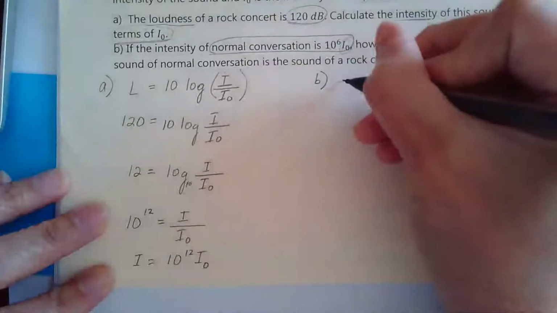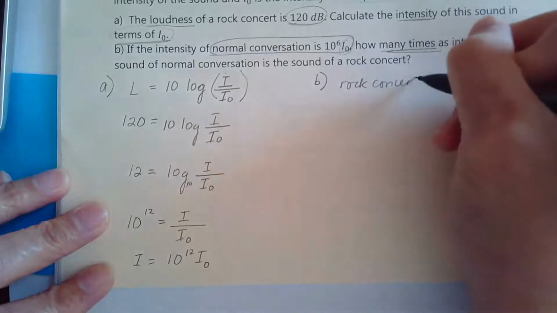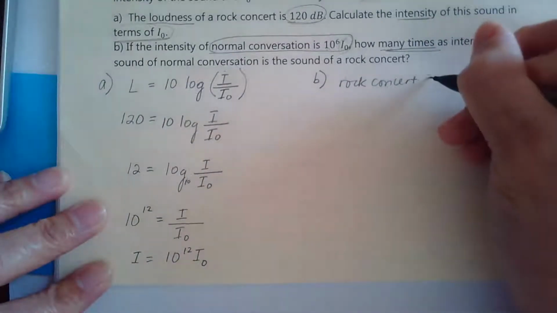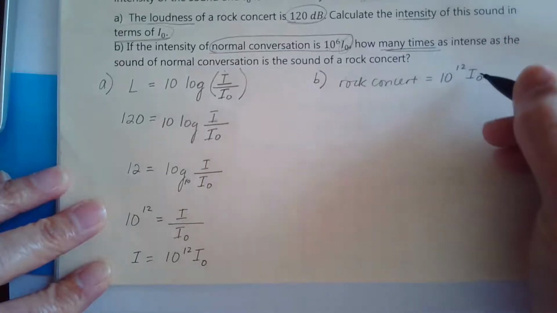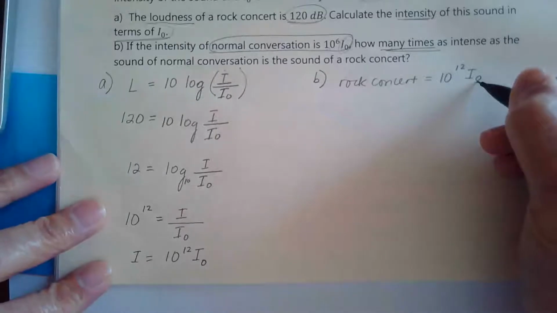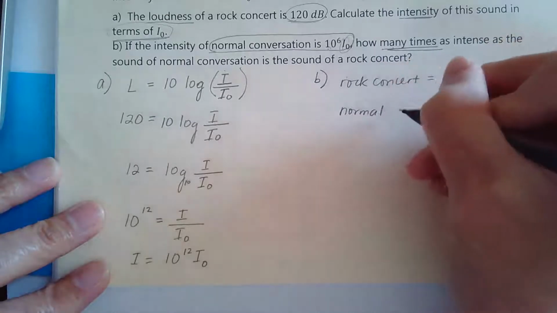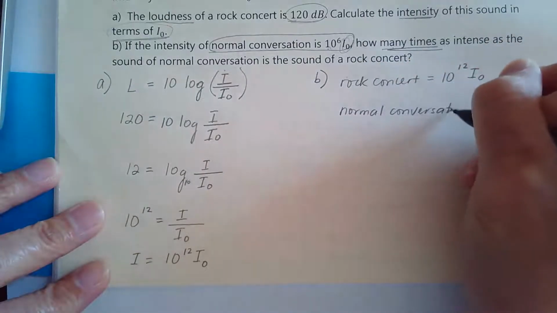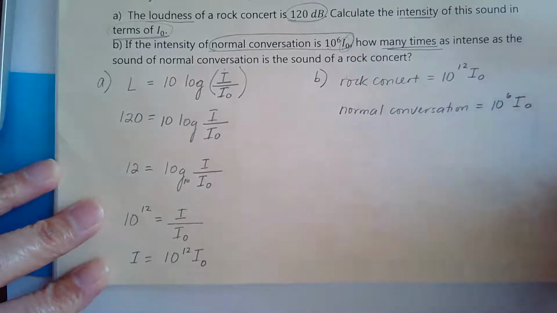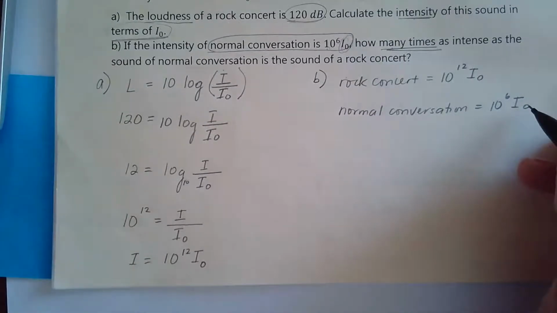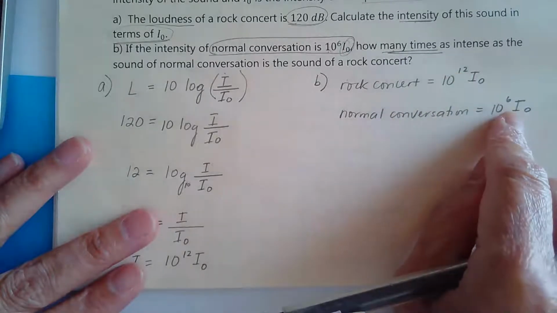So we know the rock concert is 10 to the 12 times the intensity of the quietest sound. A normal conversation is 10 to the 6th times the quiet sound. So how much more intense is this compared to that one?